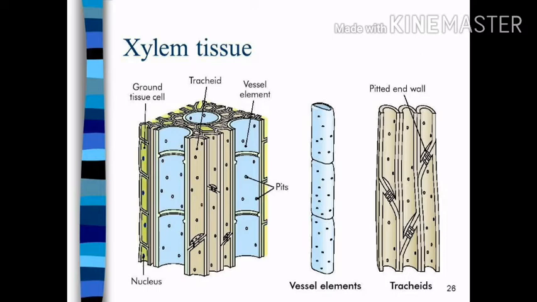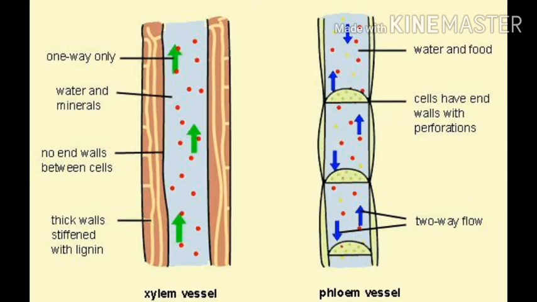The cells of the xylem tissue are thick walled, tubular and dead. This type of tissue contains four types of cells. Among the four, one is tracheids, another is vessels, third is xylem parenchyma, and fourth is xylem fiber.